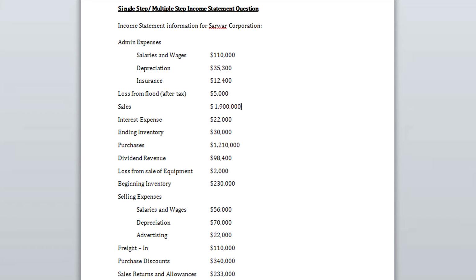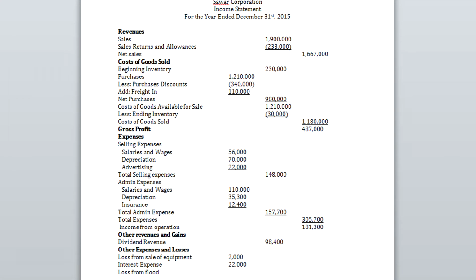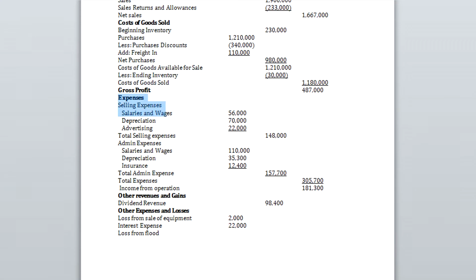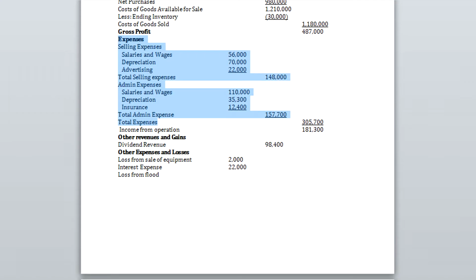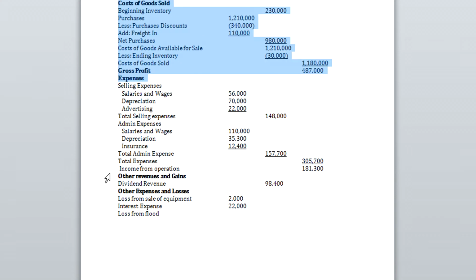Now, if you know anything about income statements, you know that we do our operating revenues, we do our cost of goods sold, we do our operating expenses. Then we've done our non-operating revenues, our non-operating expenses. After we've done our operating section and our non-operating section, what do we do next? Well, we calculate our income tax next.